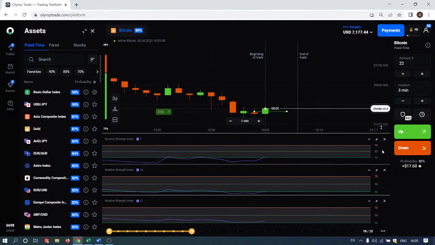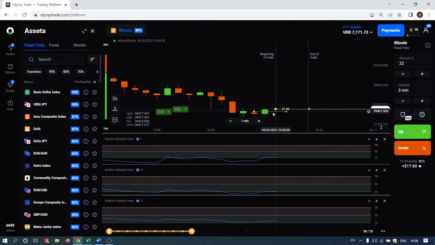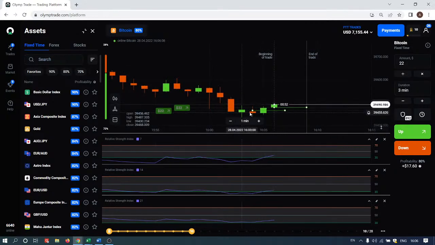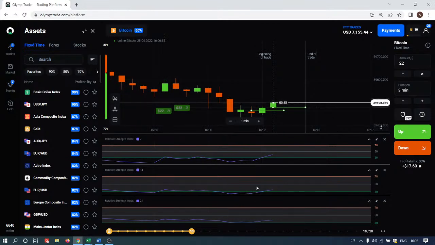Okay, so this is setup number 2. I will open another trade here. So in setup number 1, the fast RSI and normal RSI are in the oversold area.